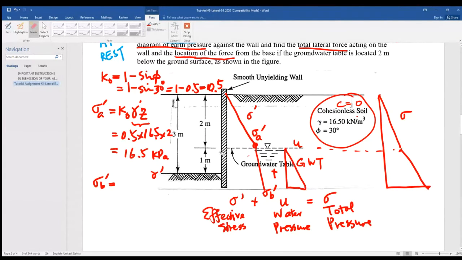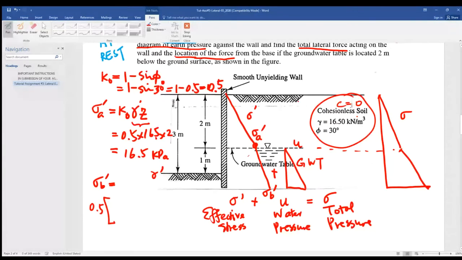What do you know about the effective stress at this point? What's the total stress there?